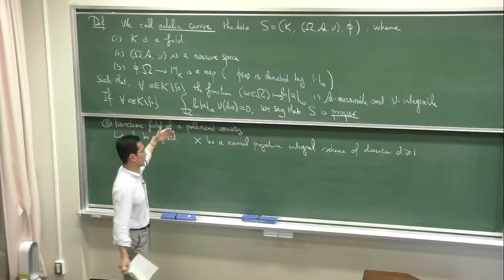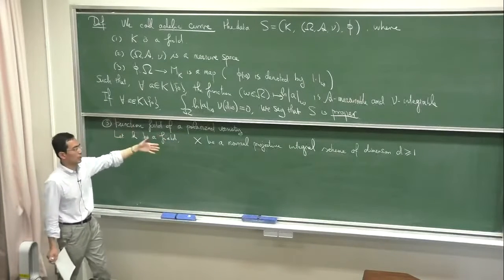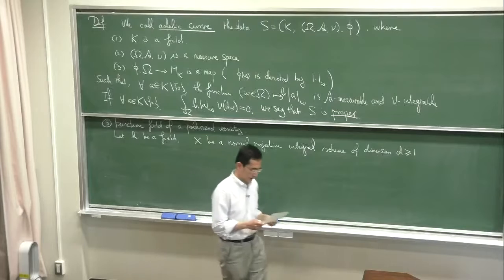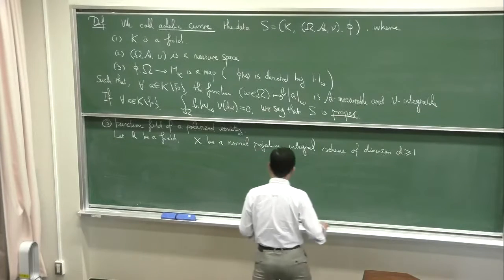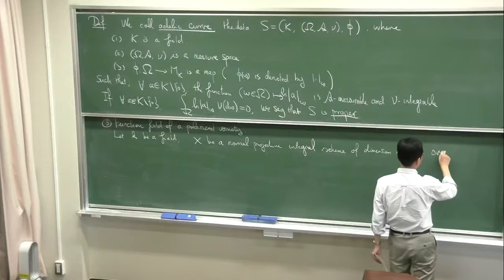So for example, you can consider some regular projective curve. So it is also an example of a scheme over Spec k.